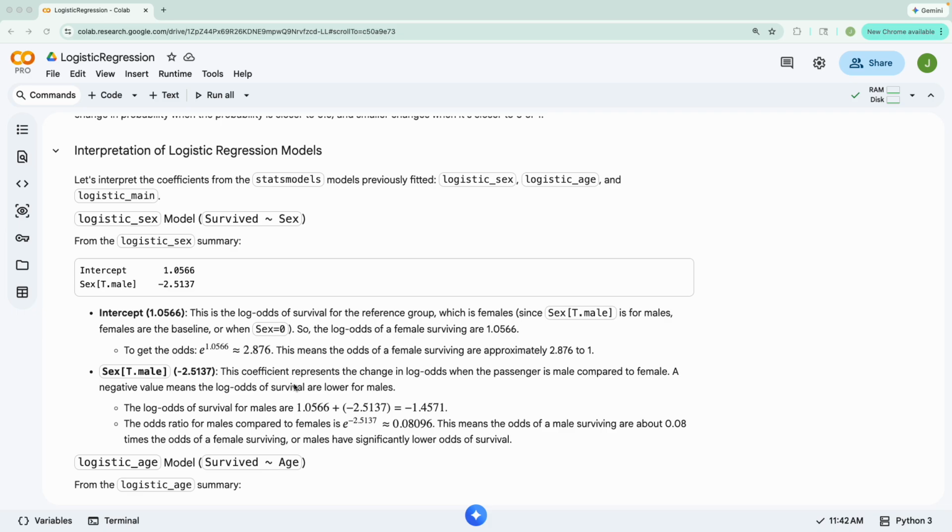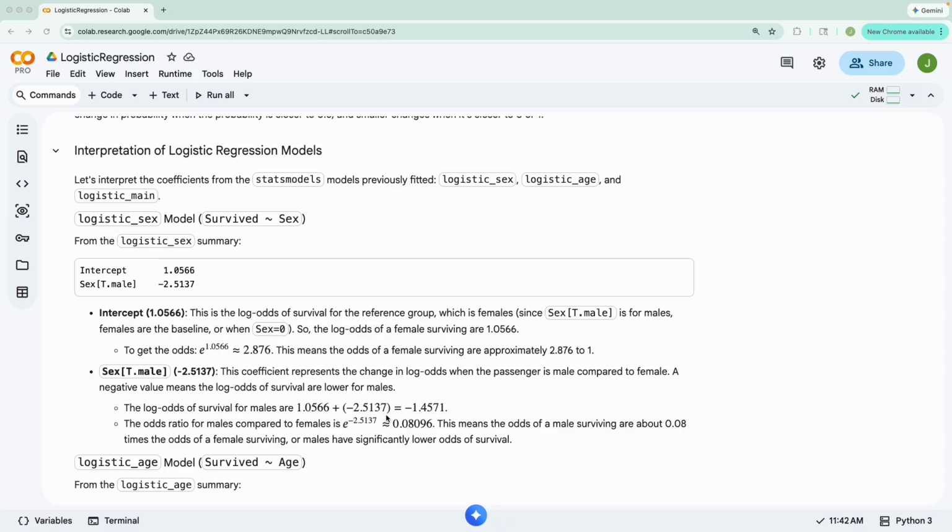So let's just go over the main model. The coefficient for sex male is minus 2.51, and that represents the change in log odds when the passenger is male compared to female. Because it's negative, we know it's lower for men. The log odds of survival for males is minus 1.45.